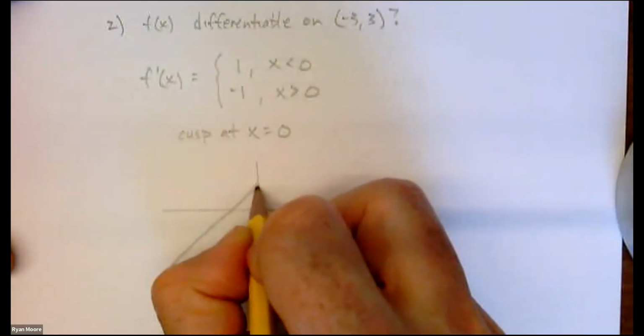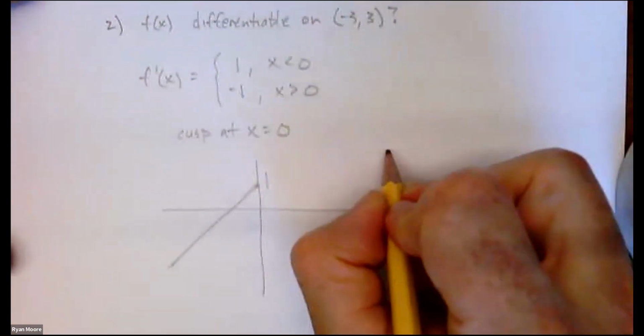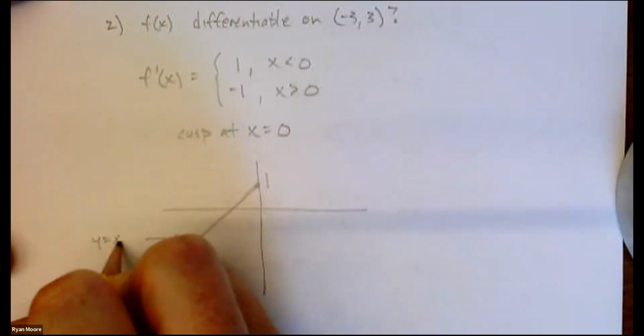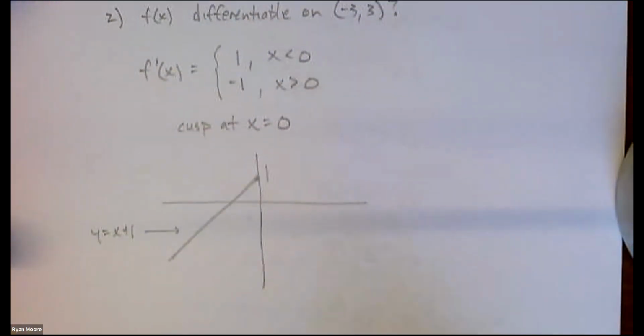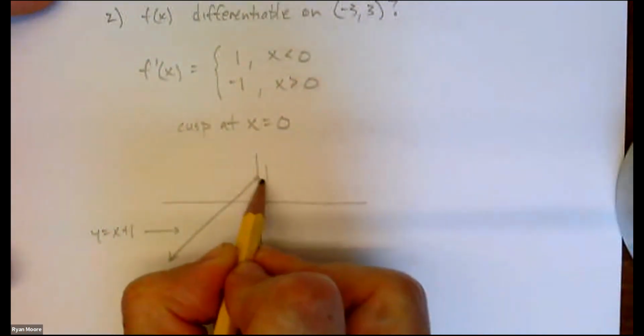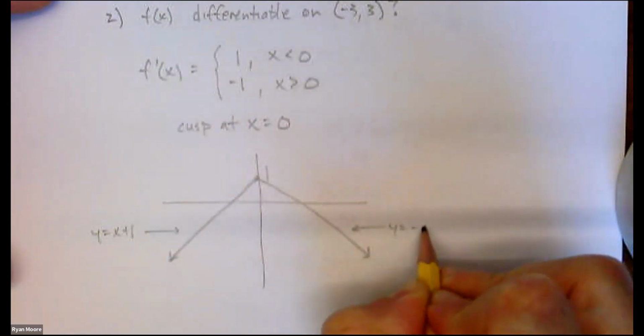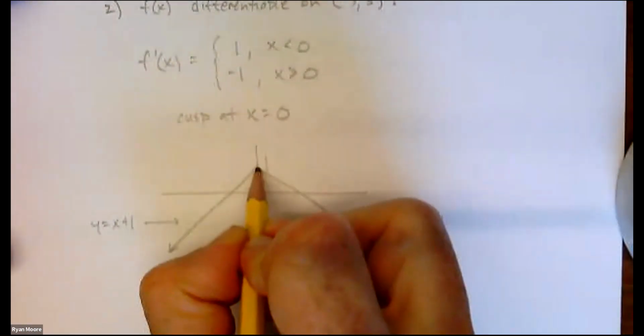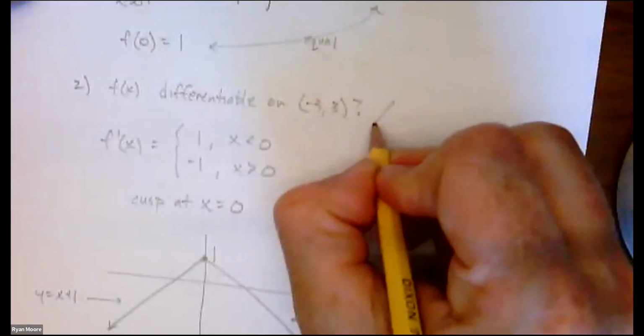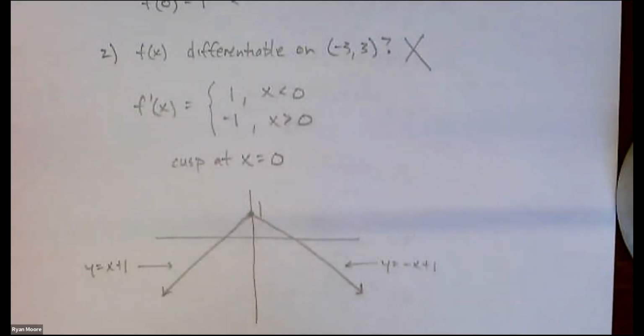And it's going to hit at 1. So this is like y equals x plus 1, or 1 plus x. Okay. Then it switches to this negative x plus 1. So they have the same y-intercept, but now the slope changes. And it's continuous, right? But it's not differentiable.